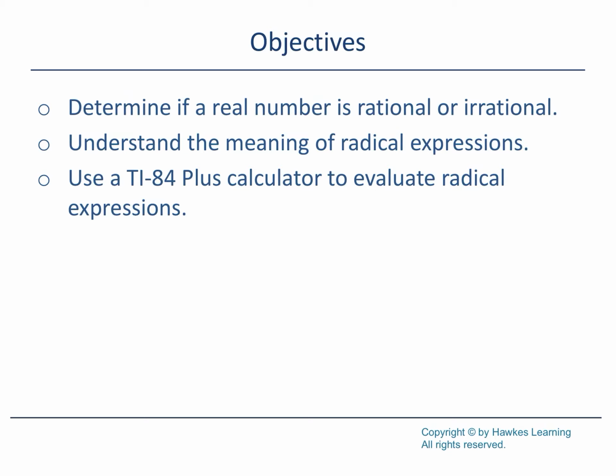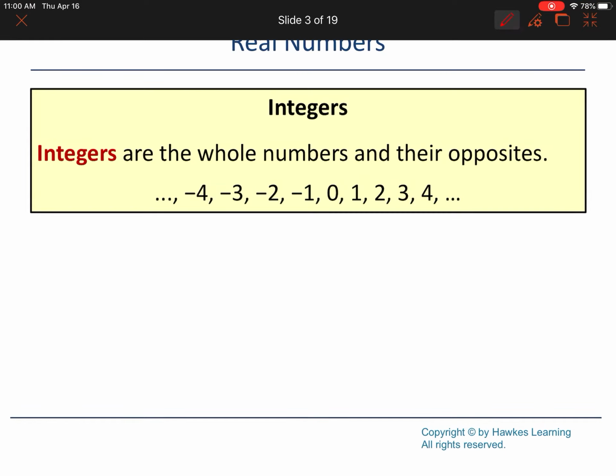We have numbers that we start out with, natural numbers and whole numbers, right? Whole numbers are 0, 1, 2, 3, 4, 5, 6, 7. Natural numbers don't include 0, but we have these whole numbers.